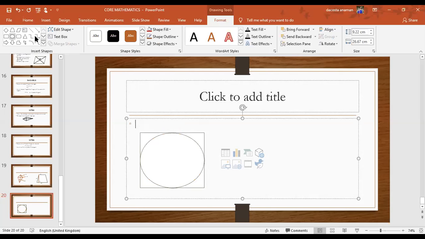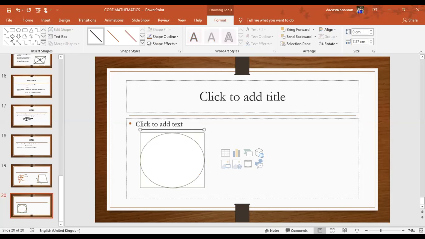Okay, so this is your question. The length from here to here and the length from here to here are both 10 centimeters.